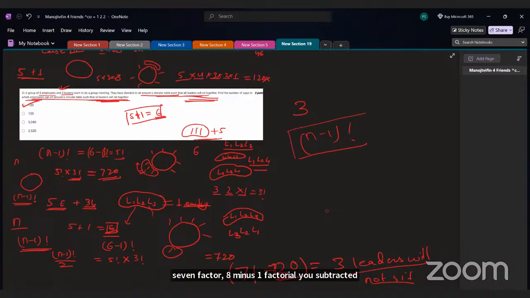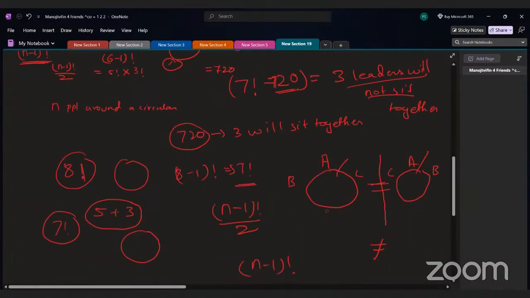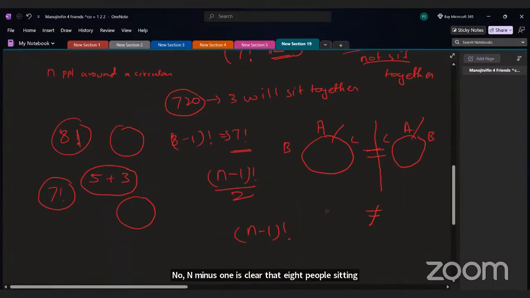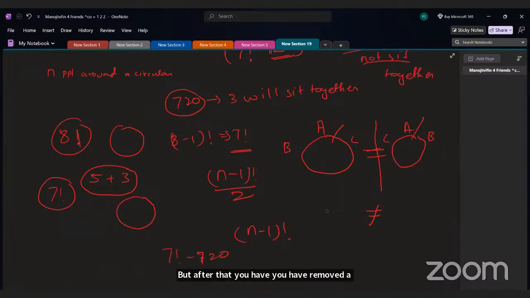So I'm not clear how you got that. N minus 1 is clear: 8 people sitting around the table, 8 minus 1 is 7. But after that, you have removed a certain 720. Can you explain why that 720?